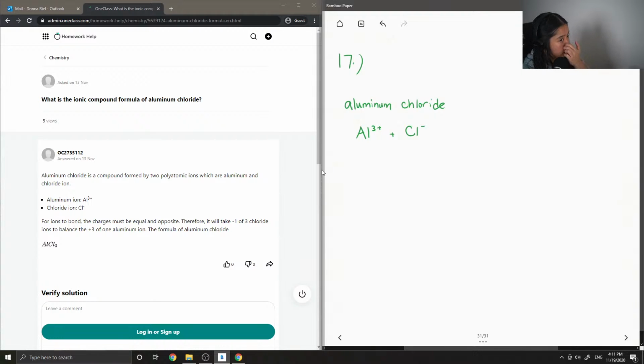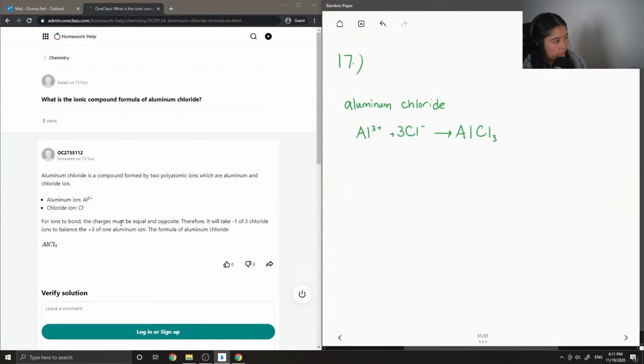So since aluminum has a +3 charge, we need 3 chlorine ions to neutralize the aluminum. So this ionic compound formula would just be AlCl3.